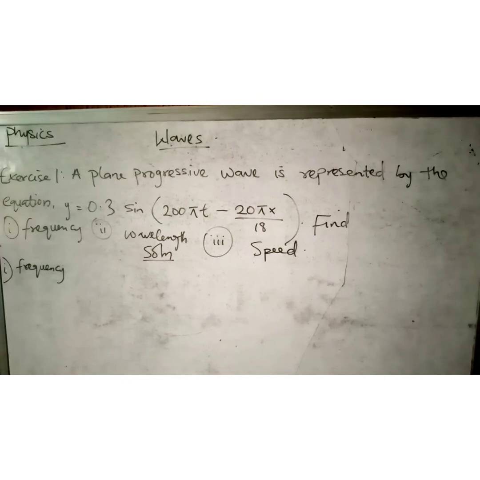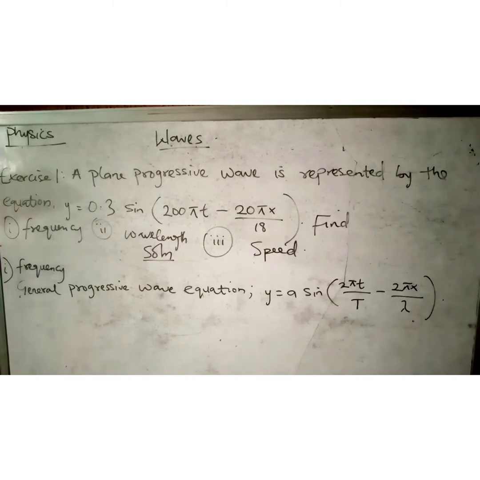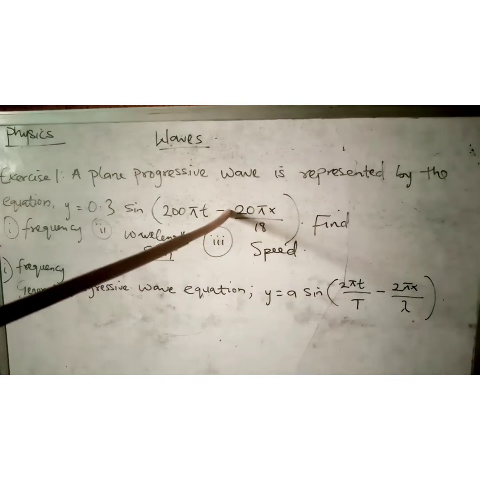Now to start solving, I am going to write down the general progressive wave equation. We are going to be comparing this equation to the one given in the question.